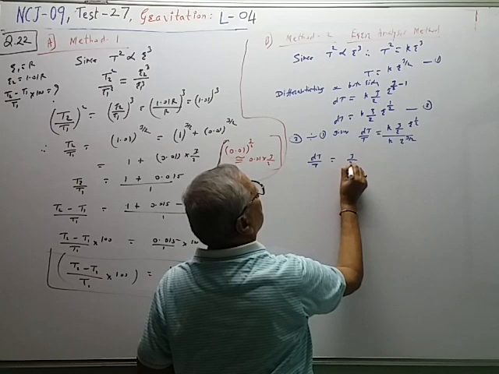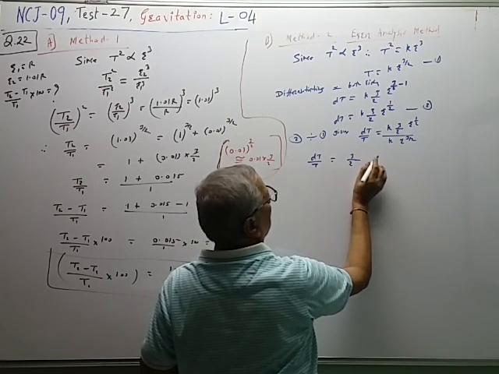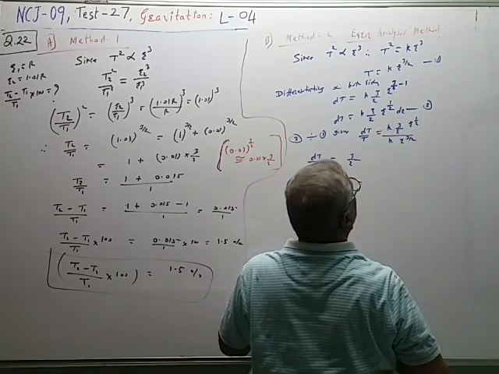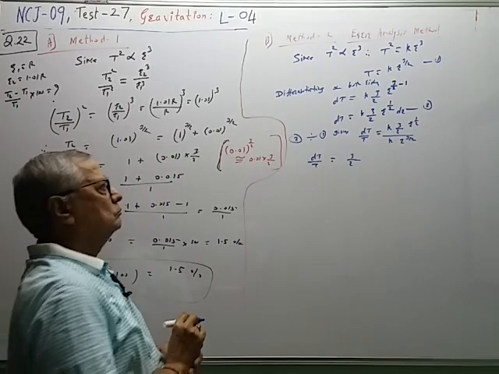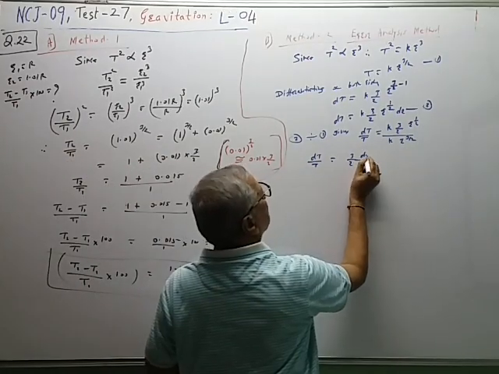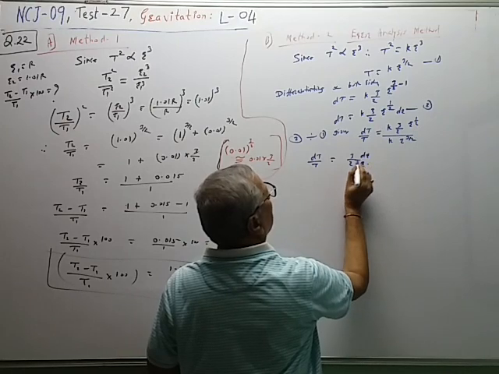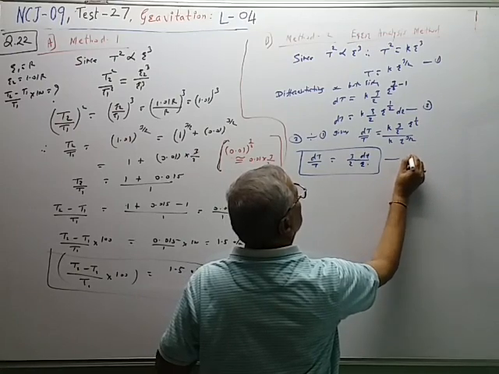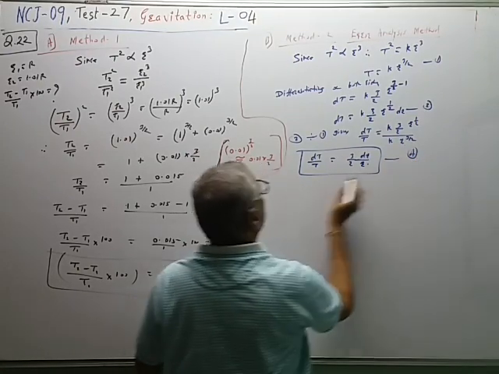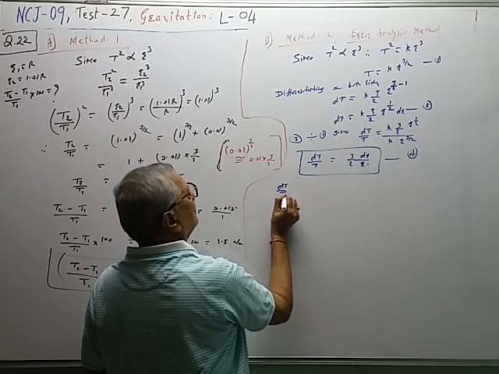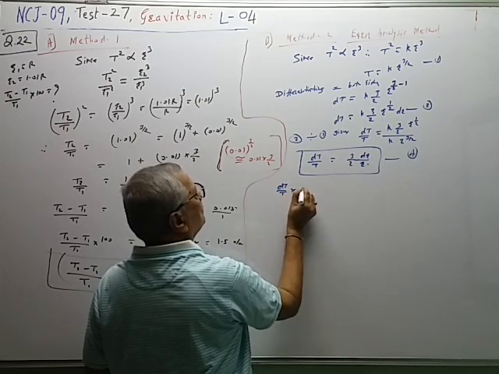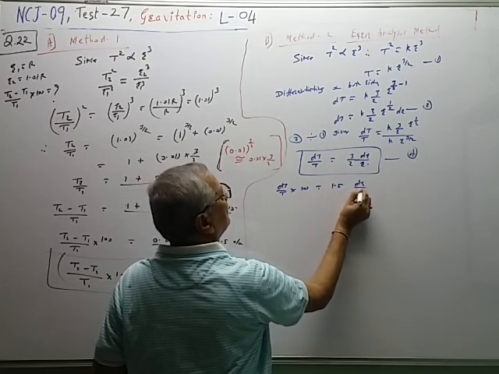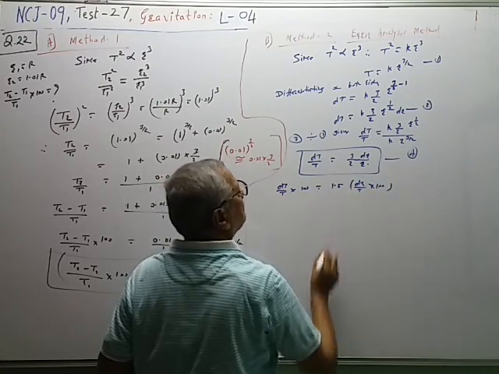So 3 by 2 dR upon R. This is equation A. So dT upon T multiplied by 100 is equal to 1.5 times dR upon R multiplied by 100.